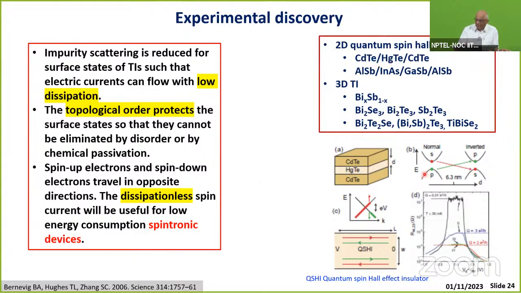The beauty in this case is that when you go from cadmium telluride, you have a normal band structure. You have the E versus K relationship here. But when you go to the mercury telluride, there's a band inversion. For example, the p-like states of the valence band and the s orbitals, like the conduction band of the cadmium telluride, are completely switched in the case of mercury telluride.